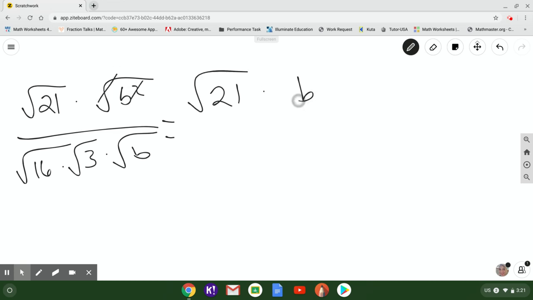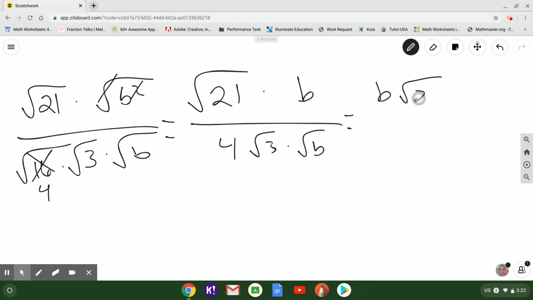So now you have a regular b, not in the square root sign. Down here, this gets replaced by 4. So what we actually have here is b square root of 21 over 4 square root of 3b.